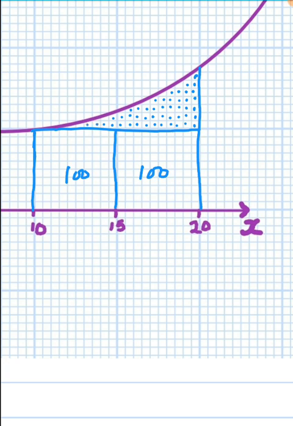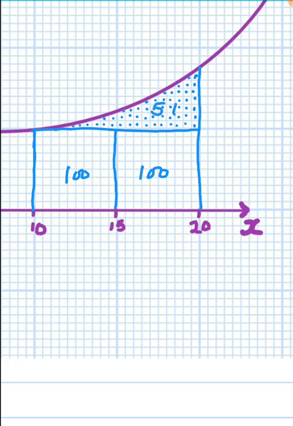46, 47. Then we now have to count the smaller ones. 47, 48, 49, 50, 51. So we can safely say that these ones are 51.